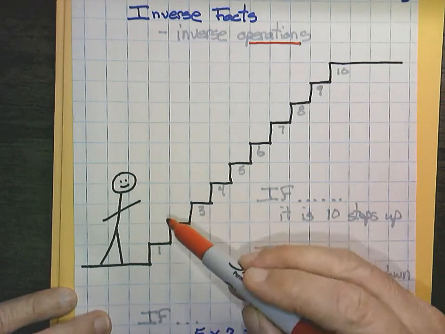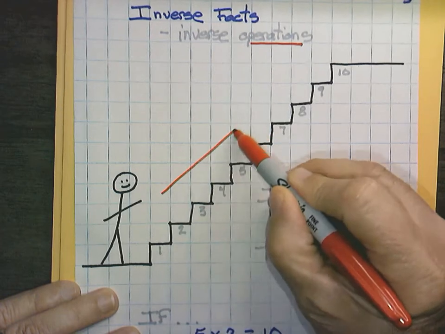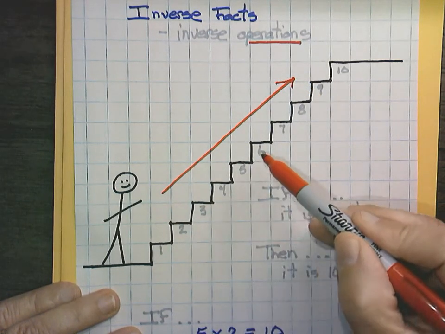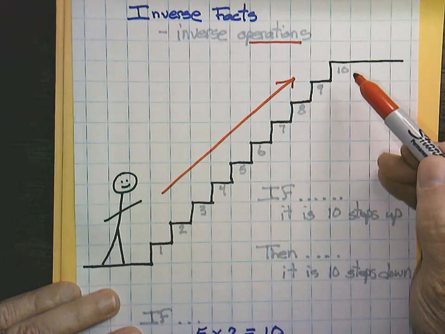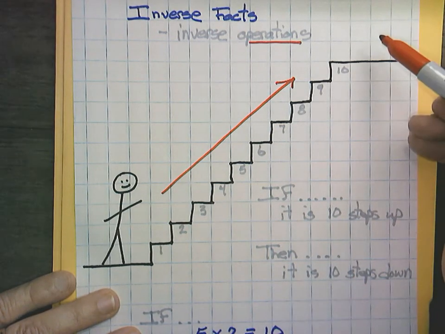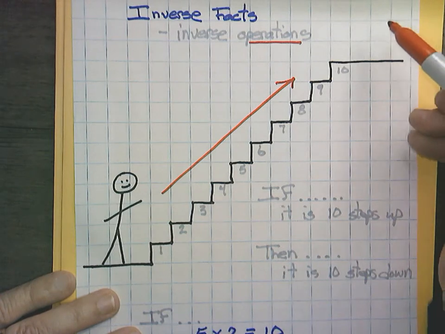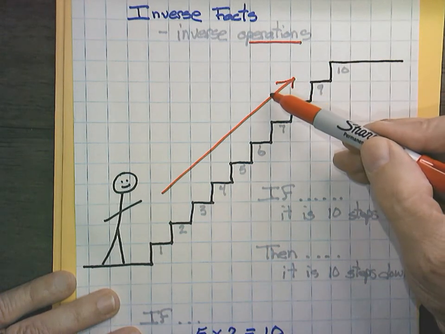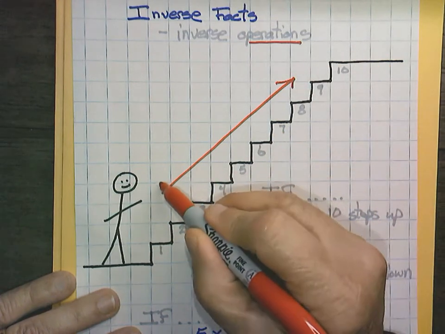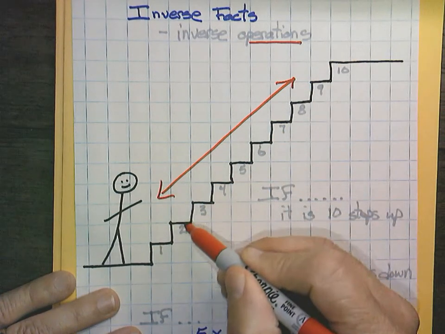Let's just say when you go upstairs, you go a total of 1, 2, 3, 4, 5, 6, 7, 8, 9, 10 steps up. Well, when you get your socks, what do you have to do? You have to come back down. Notice when you come back down, you're taking the exact same stairs.